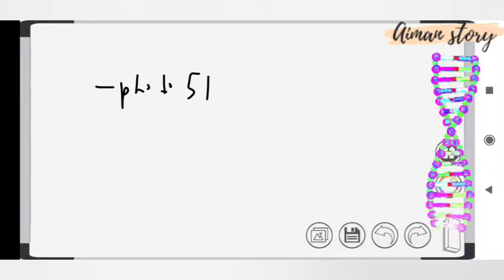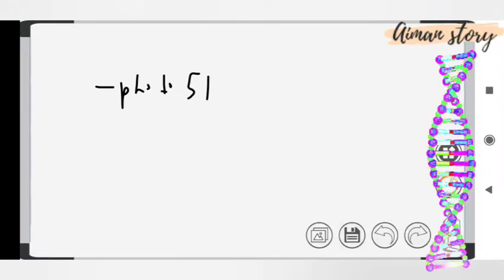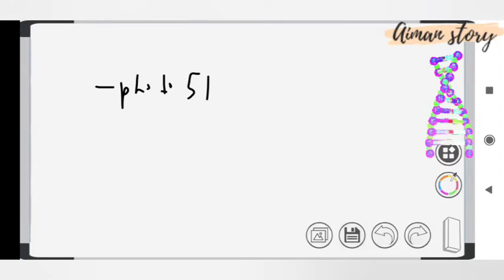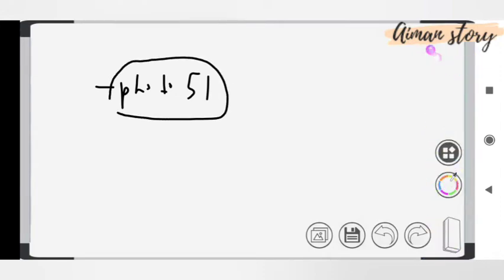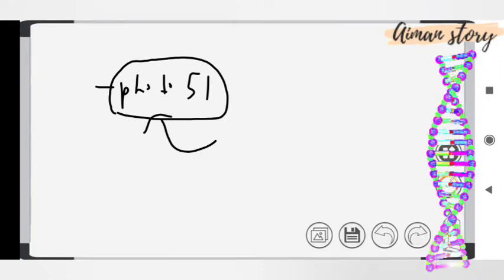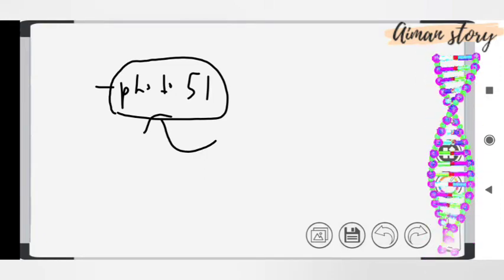The photograph is called Photo 51. The really well-known discovery in DNA research is related to this photograph, Photo 51.